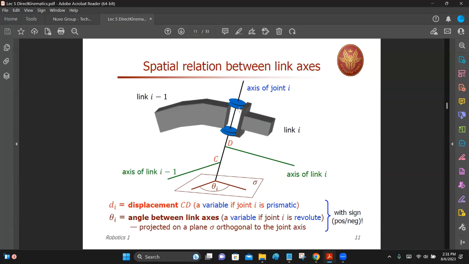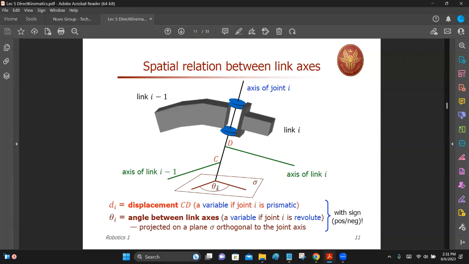So along the axis of the joint, link I is offset by a certain distance. So this distance we call offset is another parameter of the joint. Okay.